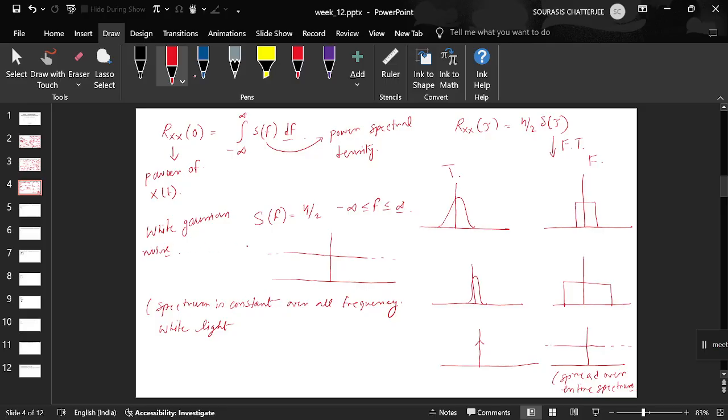That is where the name came from. That shows the spectrum is frequency flat, or not frequency selective. It's not that it has different values at different frequencies. It's uniform, and that's why it's called white. So for white Gaussian noise, we have this power spectral density eta over 2. Fine.